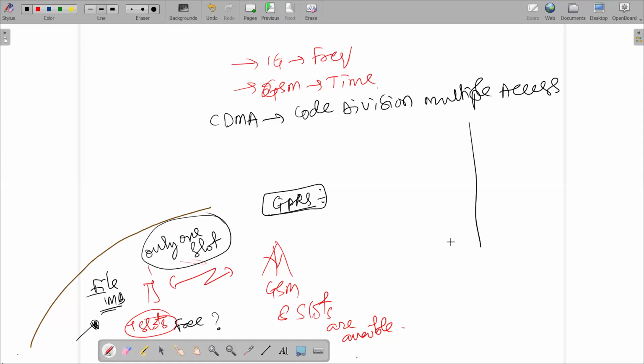Simply I can say they brought another dimension which is called code.